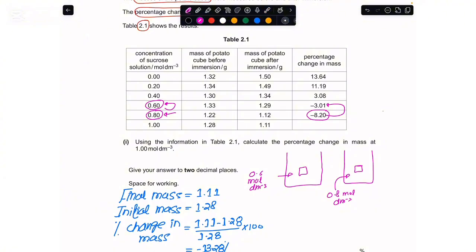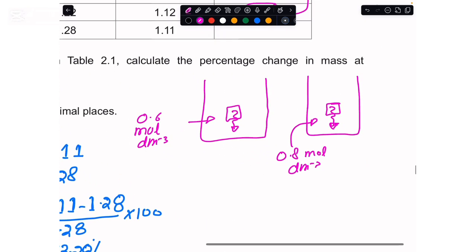This simply implies that water has moved out of the potato cubes into the surrounding solution, because in the surrounding solution the water potential is low, and in the cubes the water potential is high. So the water moves out of the cubes into the surrounding solution, and that is the reason we see a percentage decrease in the mass.